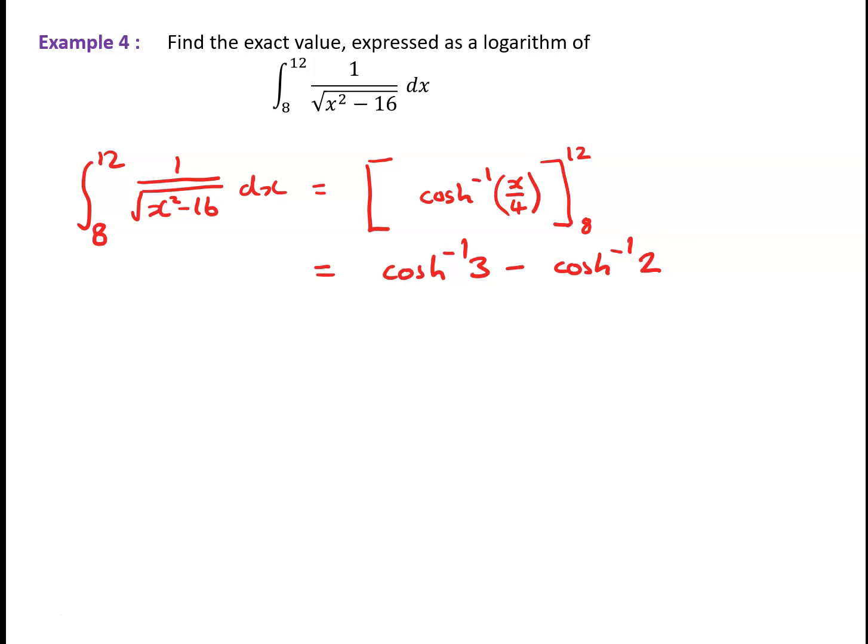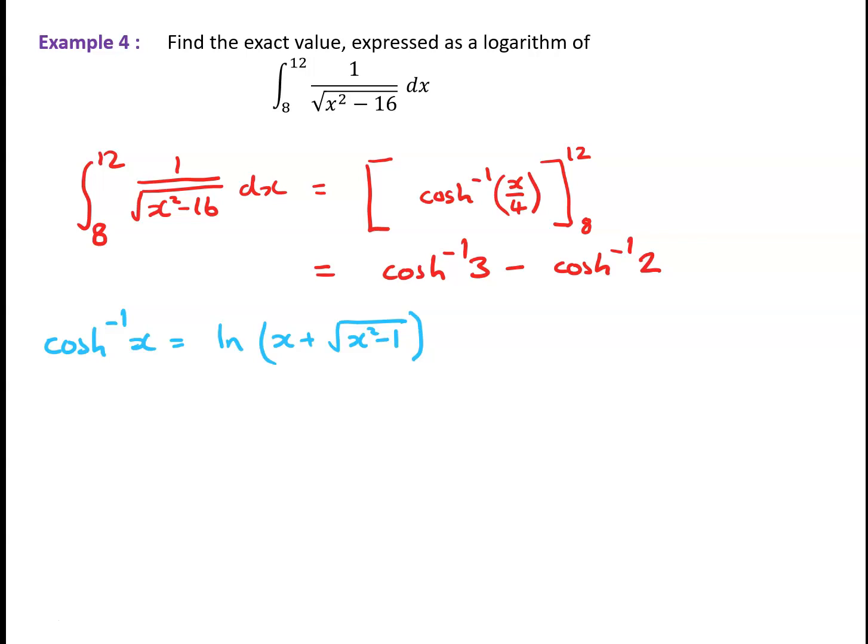Now cosh to the minus 1 of a value is the logarithm of the value plus the square root of the value squared, take away 1. So cosh to the minus 1 of 3 is the logarithm of 3 plus the square root of 3 squared minus 1.